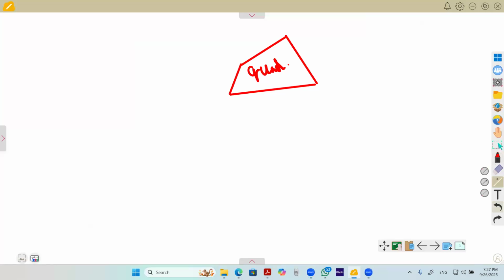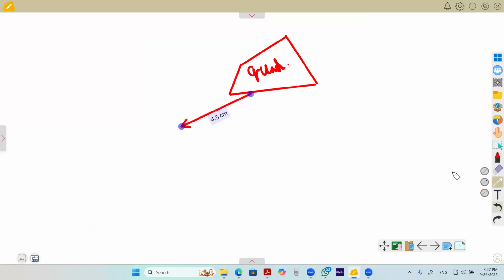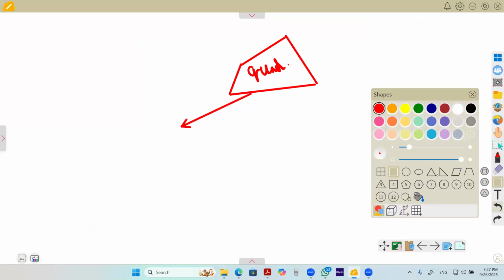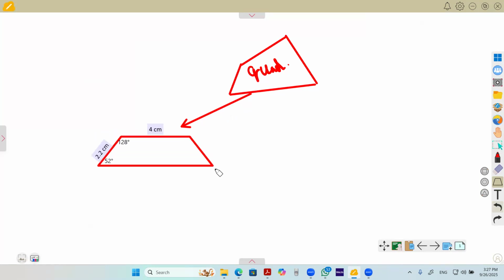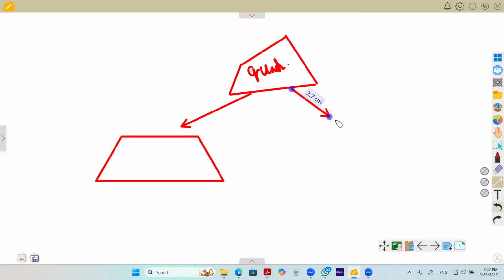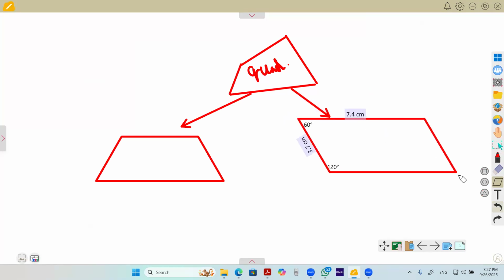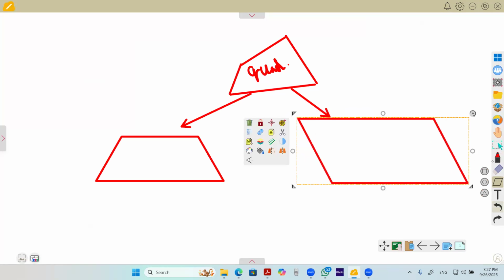The quadrilateral has two sons. One is called trapezium, and the other one is called a parallelogram. So we imagine the quadrilateral got married and had two children, a boy named trapezium and a boy named parallelogram.